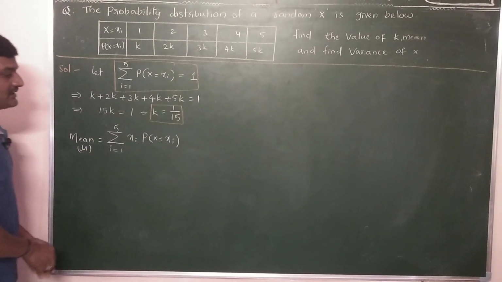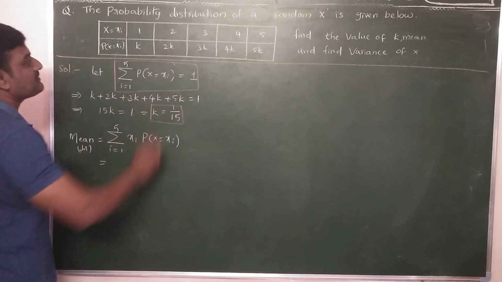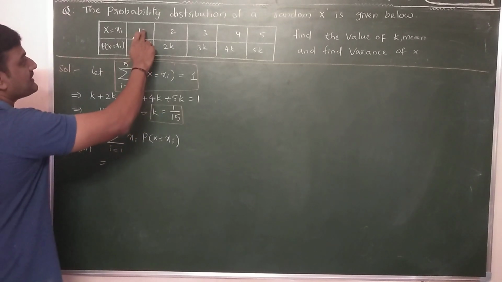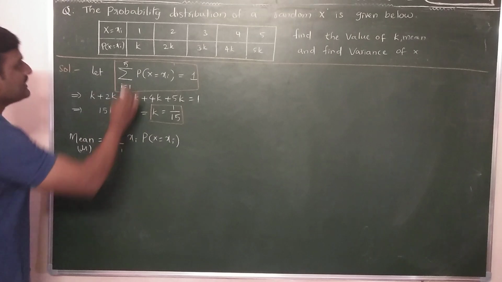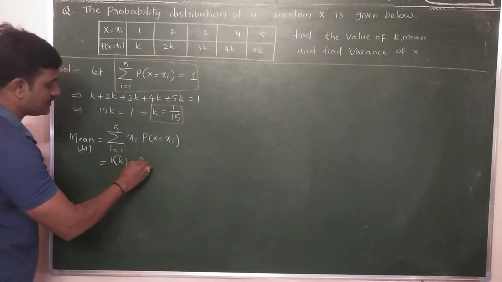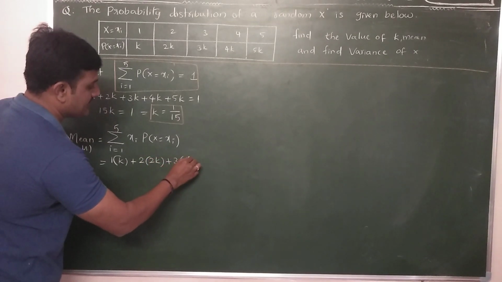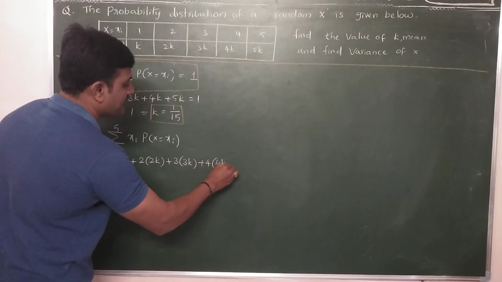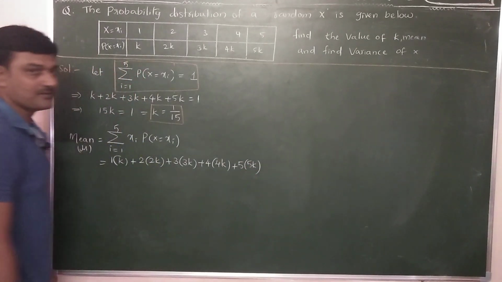Then we substitute the values: this is xi, this is the probability of xi. Then 1 into k plus 2 into 2k plus 3 into 3k plus 4 into 4k plus 5 into 5k.